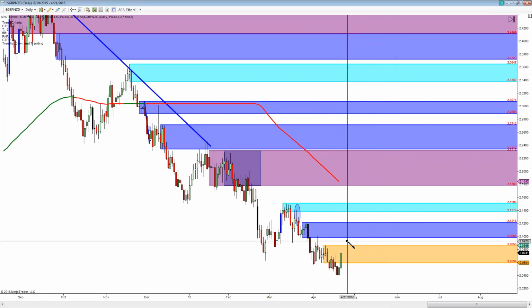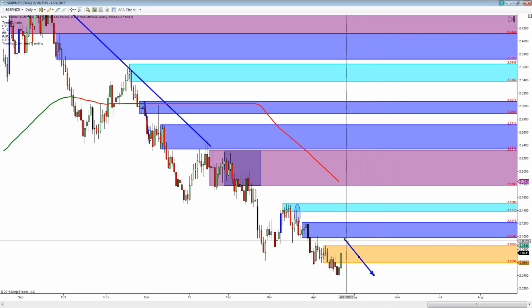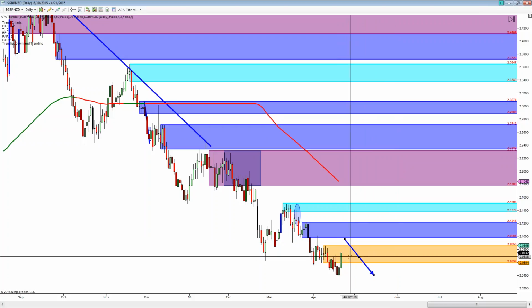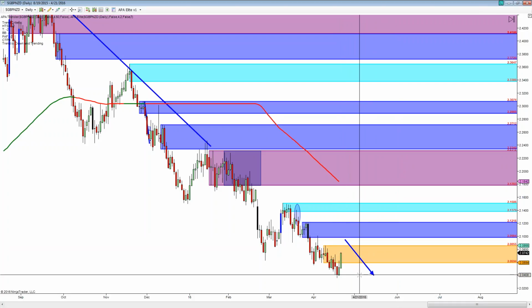So basically, I'm just looking for that price action that tells me that it's going to confirm one of these levels to the downside. So I don't care where, just let me jump into the trend, you know. And it just hasn't done that at all.